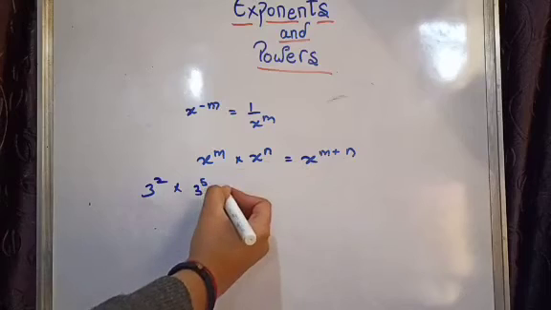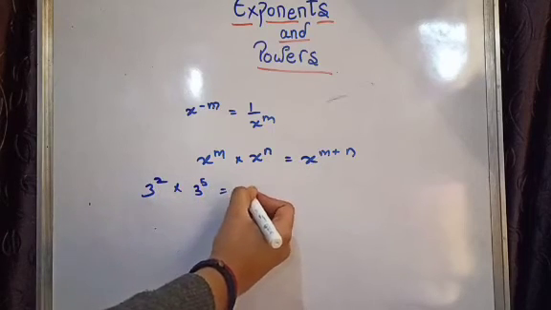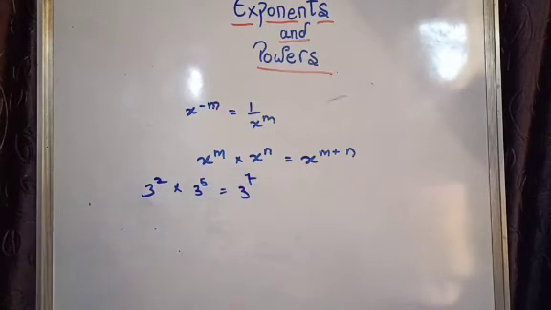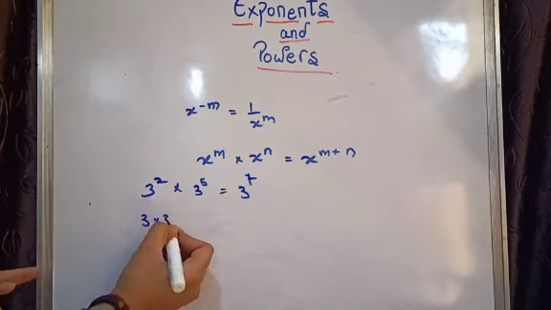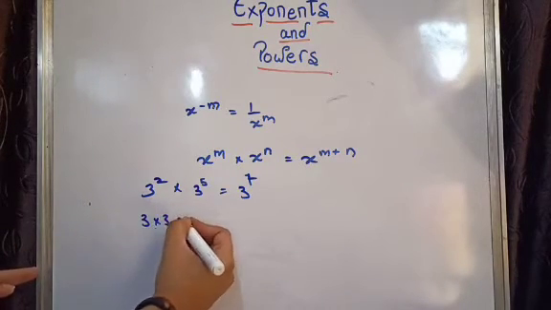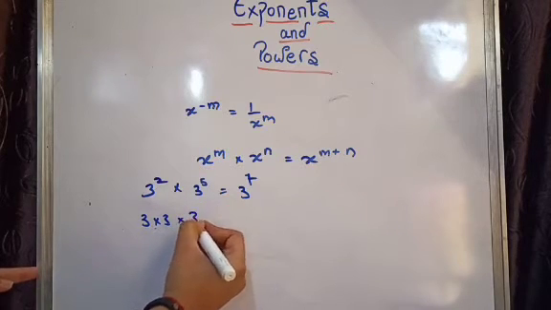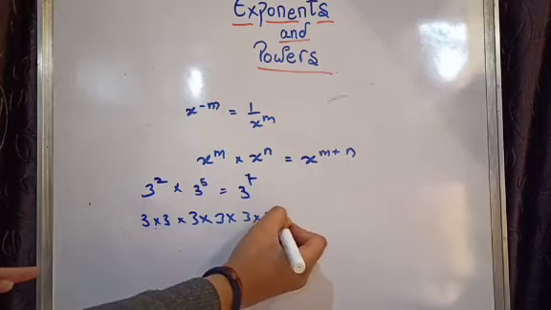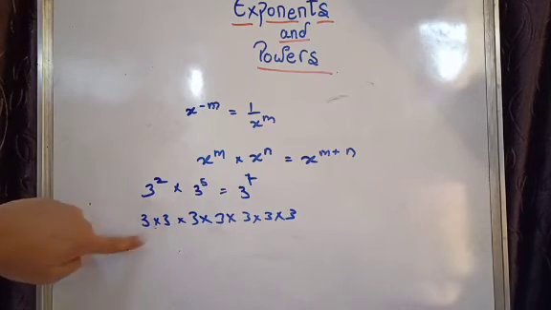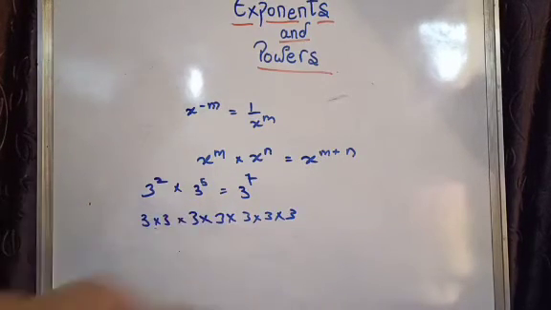According to this rule, it will result as 3 to the power of 7. Now I am solving this one time. 3 multiplied by 3 gives the square, then 3 to the power of 5: I will write 3 five times. How many times have I written? 1, 2, 3, 4, 5, 6, 7, and it results as 3 to the power of 7.